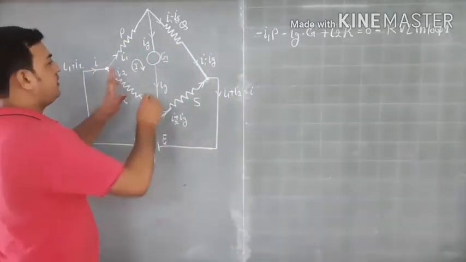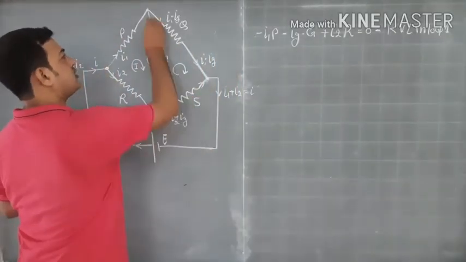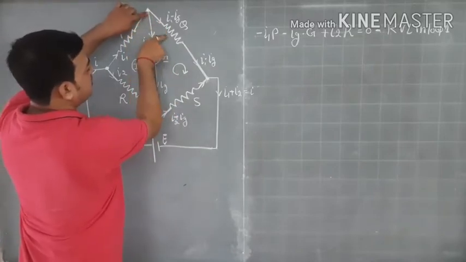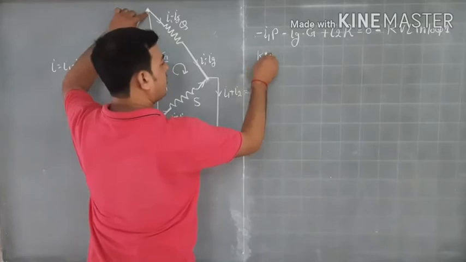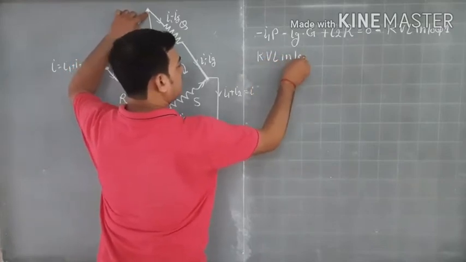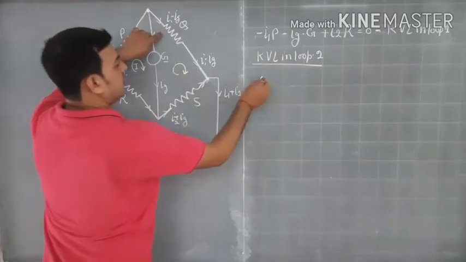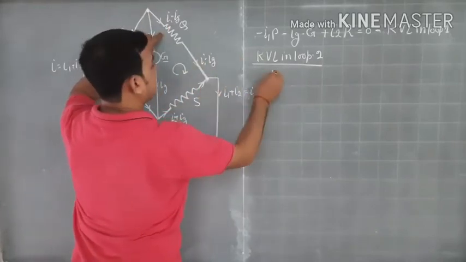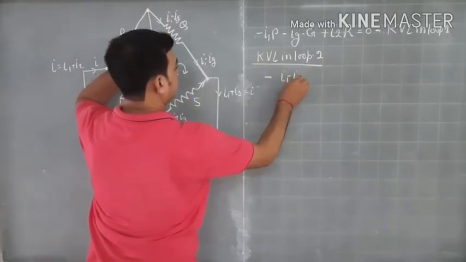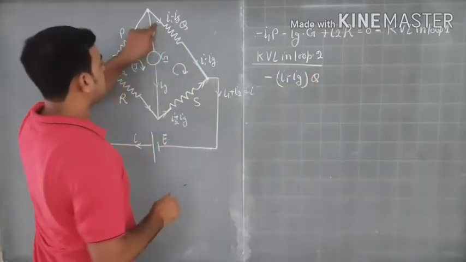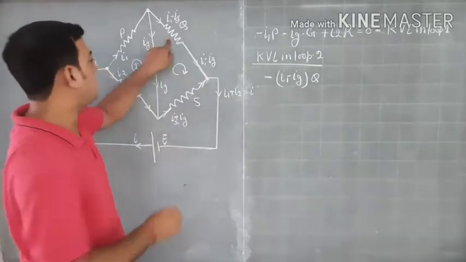Now I will apply the same Kirchhoff's second law in this loop. So I will start from this point, going in the direction of current, and apply KVL in loop 2. The voltage drop will be I1 minus Ig into Q, and this will be minus since I am moving in the direction of current.